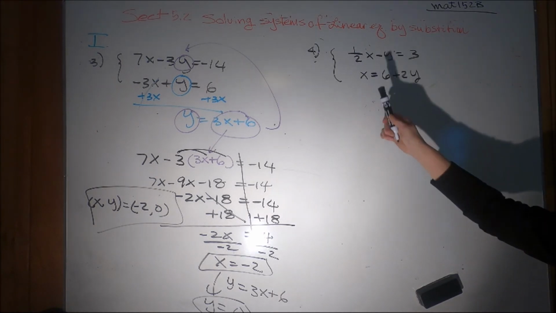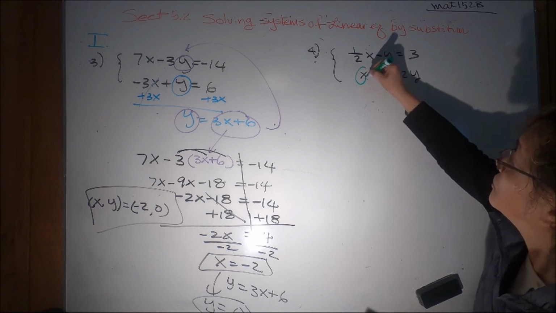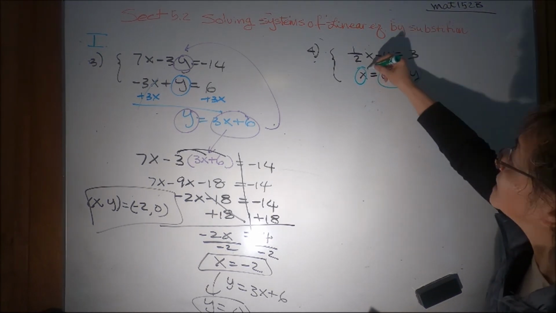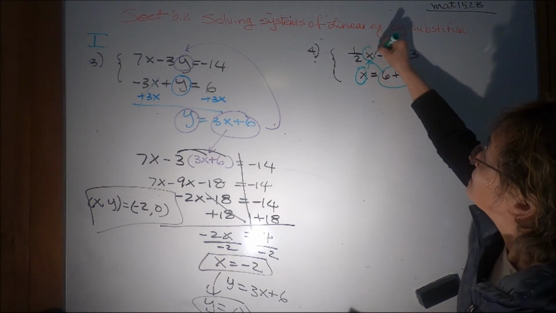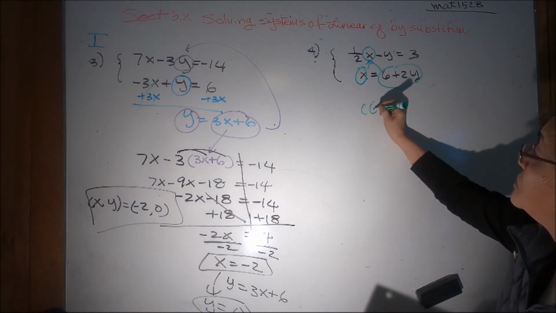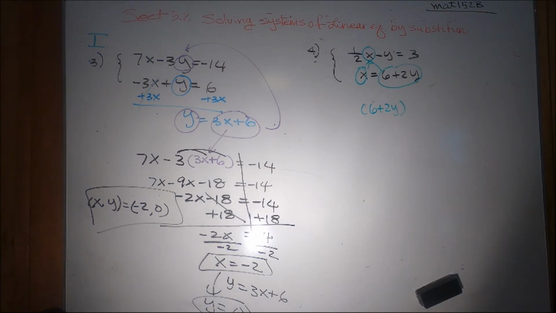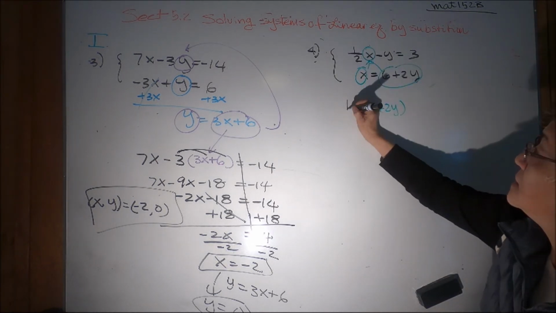We get one variable by itself. Do we have one right now? Yes, we already have one. So we plug it in to where? To the other one. For x, we use 6 plus 2y, right? So we plug it into the first one.